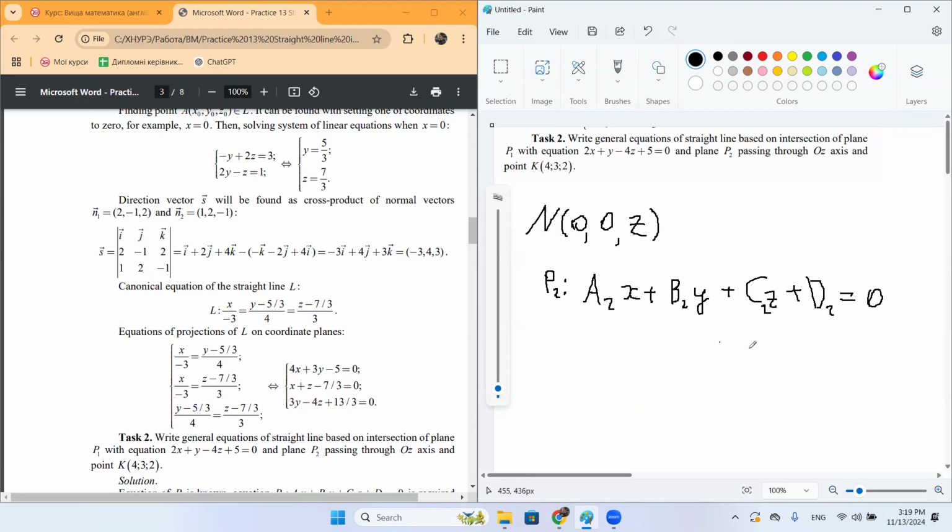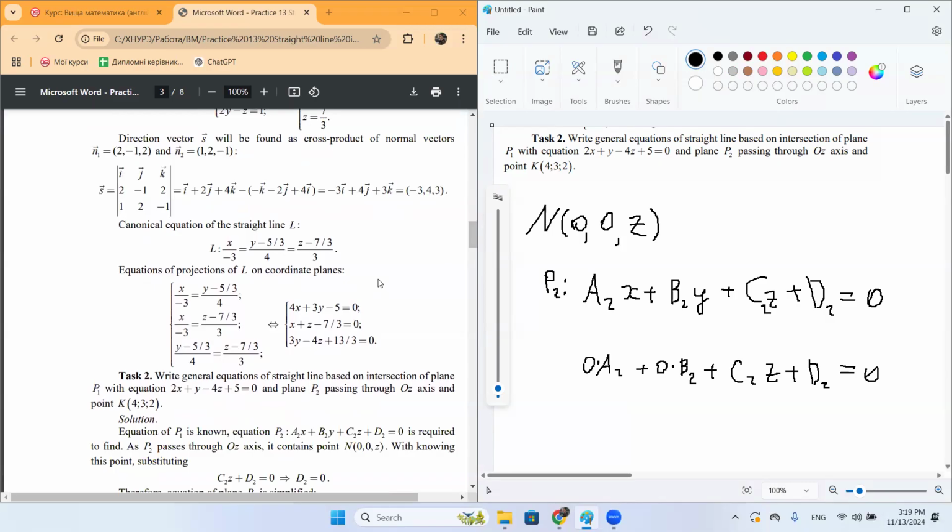And now let's substitute N into this equation. So 0 times A2 plus 0 times B2 plus C2 z plus D2 equals 0. So basically, what do we have?